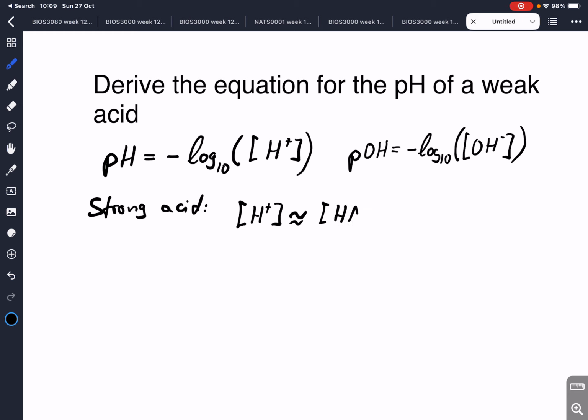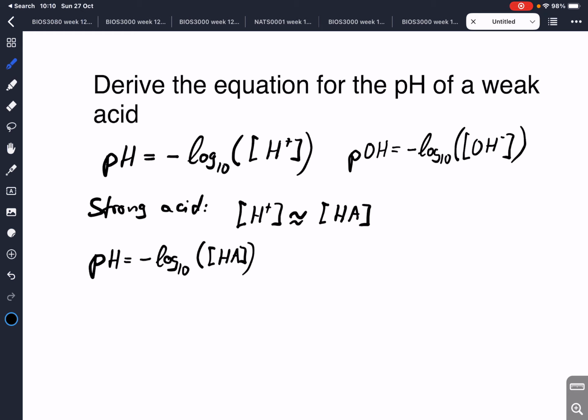So if we write the acid as HA, then for the strong acid, our pH calculation would be negative log of base 10 of the concentration of the strong acid.